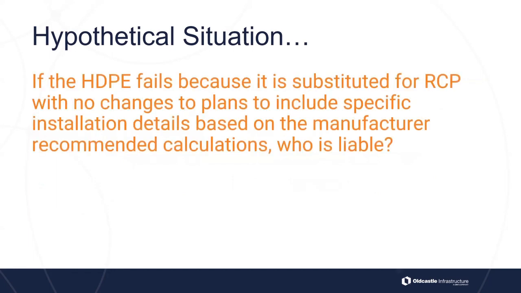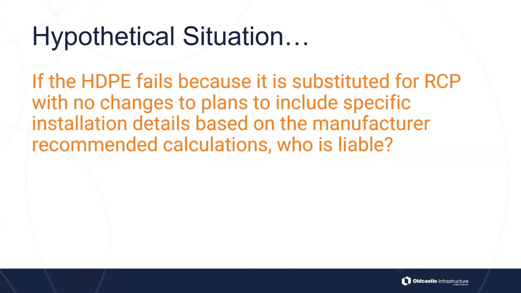Consider this. If the HDPE fails, if that 48-inch pipe system fails, because it is substituted for RCP with no changes to the plans to include specific installation details based on the manufacturer recommended calculations, who is liable?